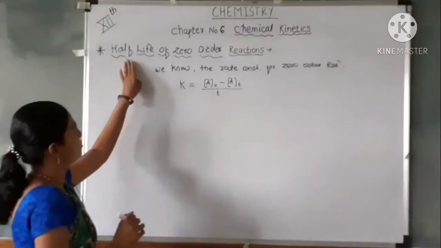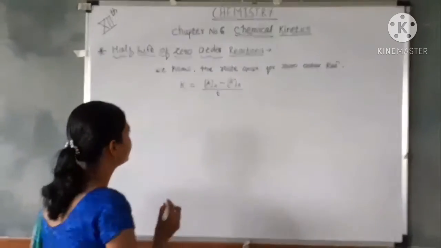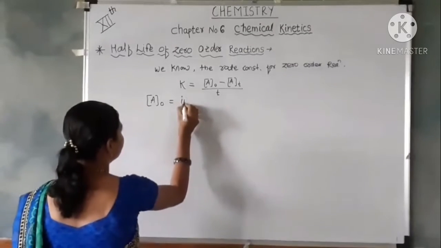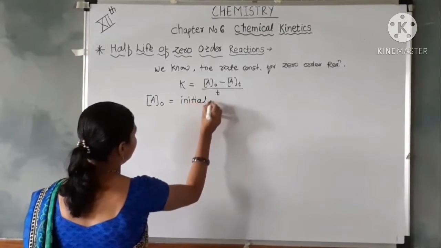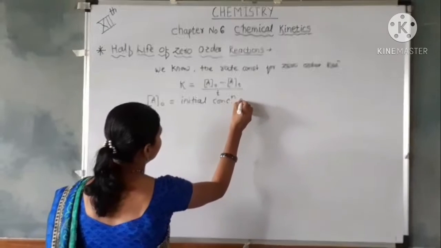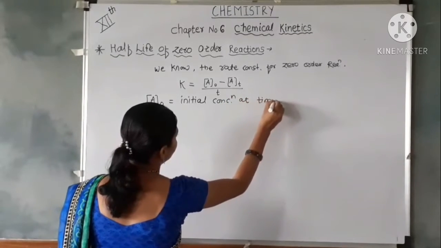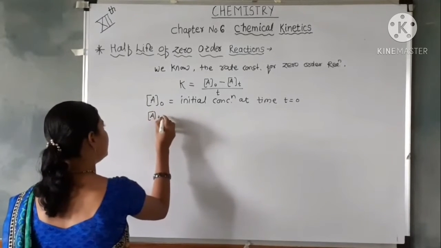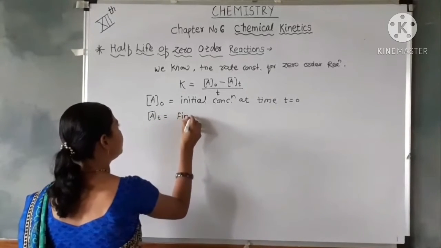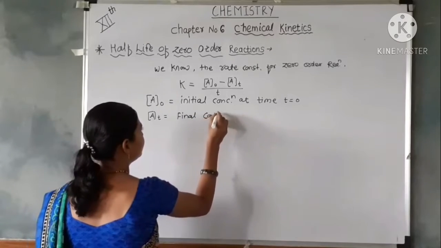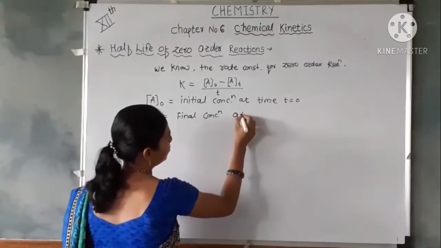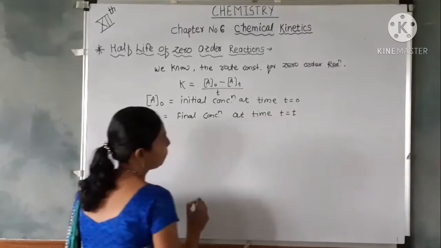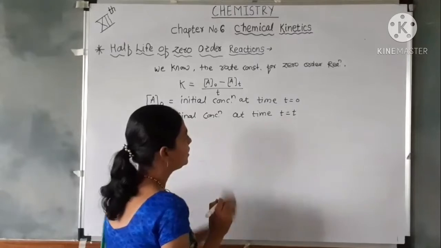By using the condition of half-life of reaction, we know that [A]0 is the initial concentration at time t equals 0 and [A]t is the final concentration at time t equals t.